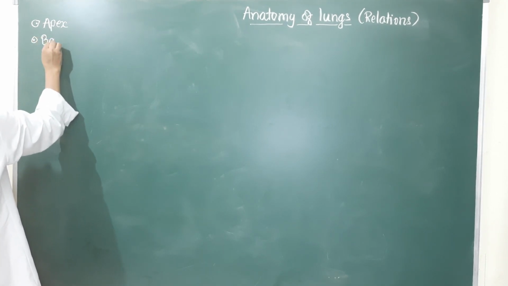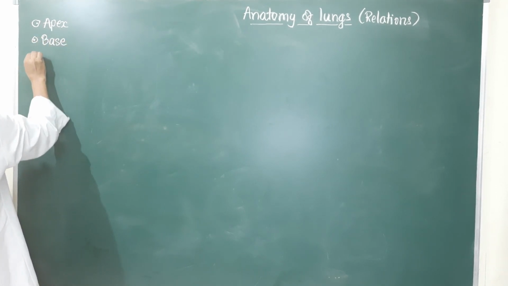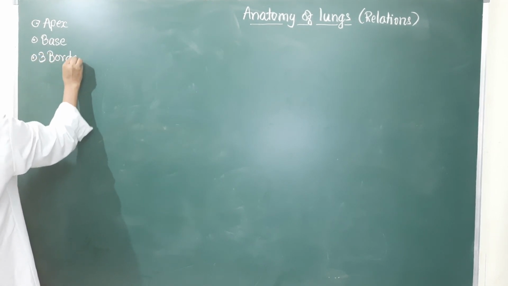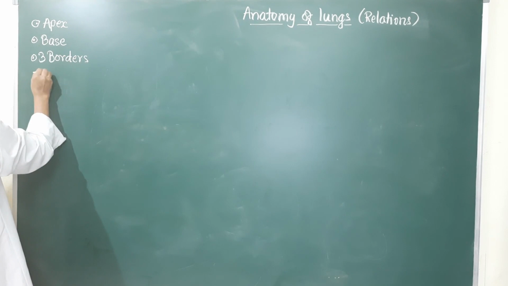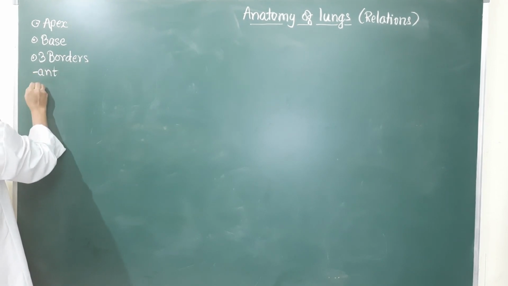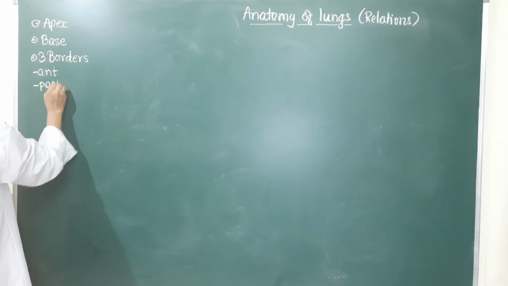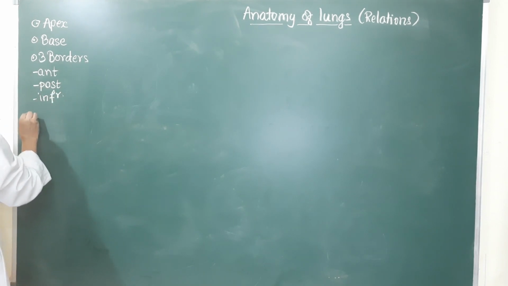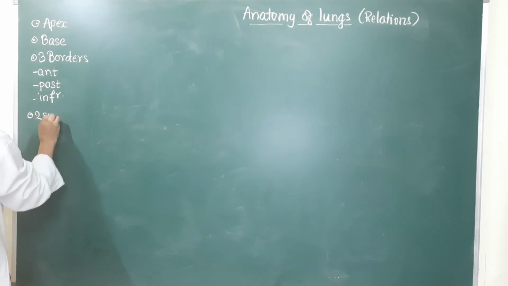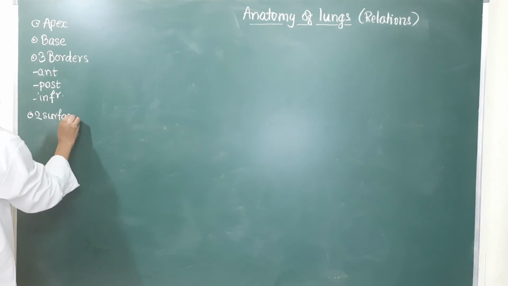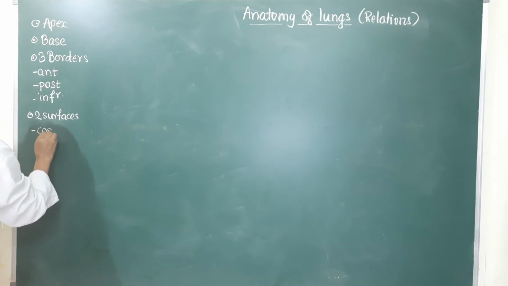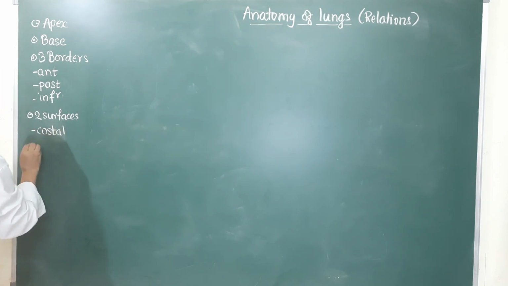It has three borders. The borders of the lung are anterior border, posterior border and inferior border, and it has two surfaces. The surfaces are costal surface and medial surface.